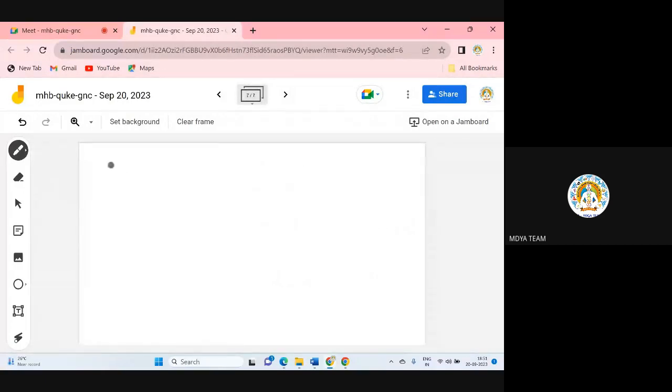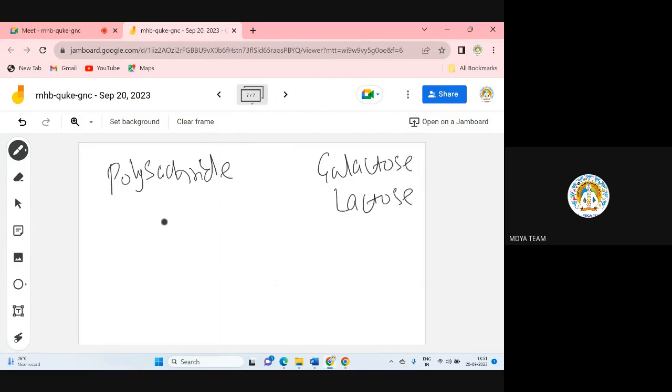Whether it is any polysaccharide you have taken, whether you have taken any galactose, any lactose, any type of carbohydrate, whether it is polysaccharide or any monosaccharide, our body will convert that carbohydrate into glucose.